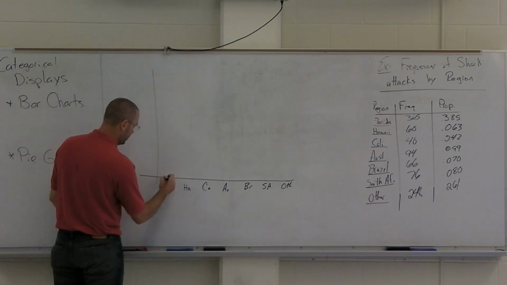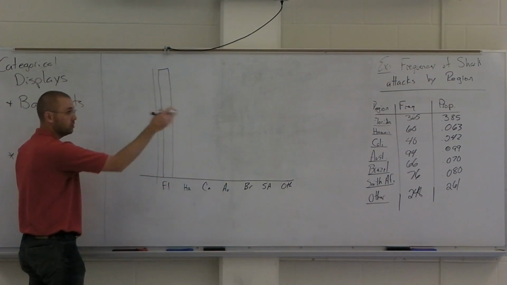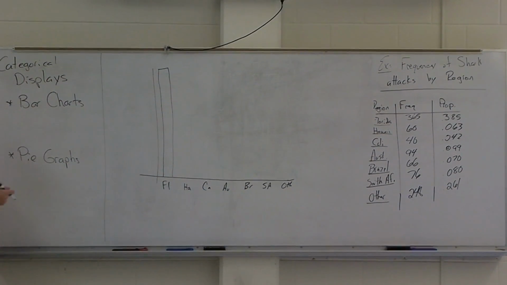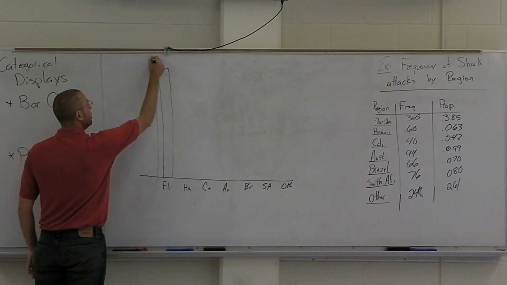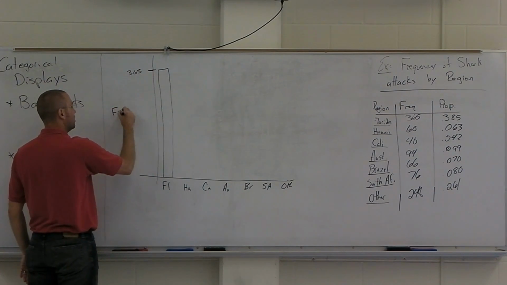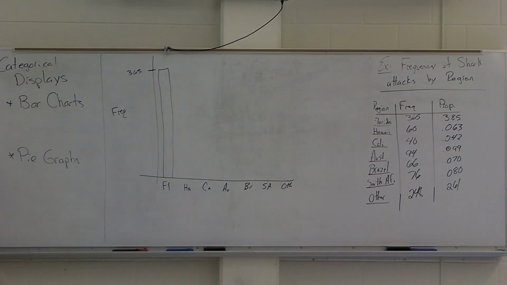There's 365 answers there, so I'm going to make it the tallest, as obviously there are the most values in that particular category. So there's our first one. Now, if you want to, at this point, you go over here and you say that's 365. And this vertical distance represents the frequency of our particular category.